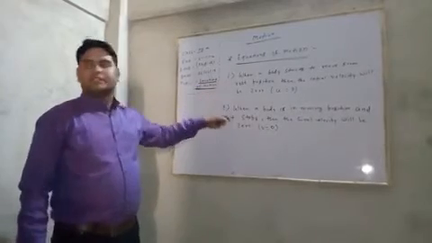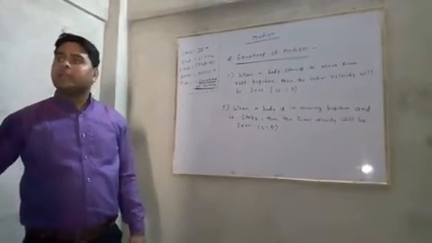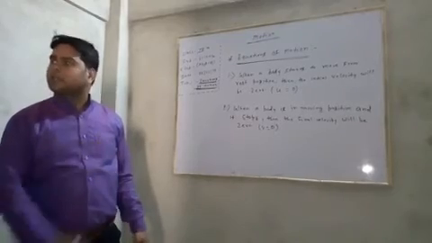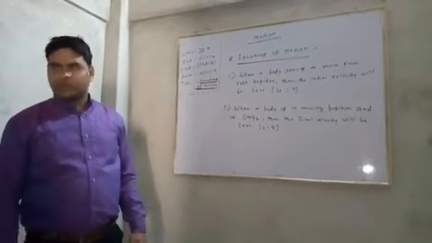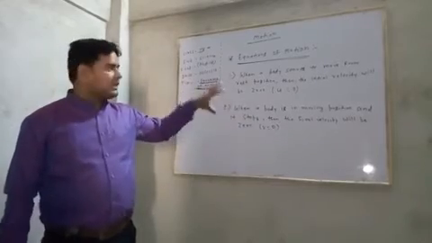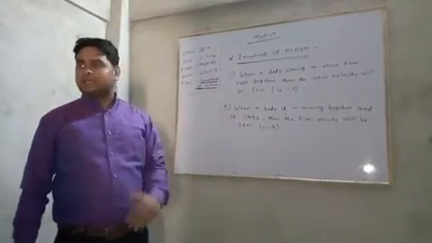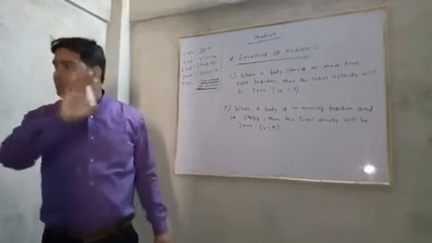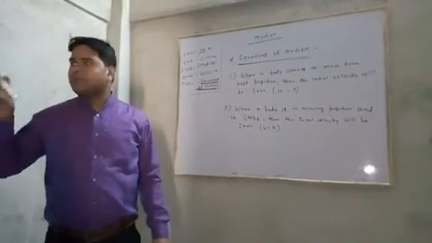Then these two things you have to remember to solve any numericals associated with equations of motion. Because it will not be given in the question. It will be simply given that a body starts to move from rest, and its initial velocity 0 will not be given.